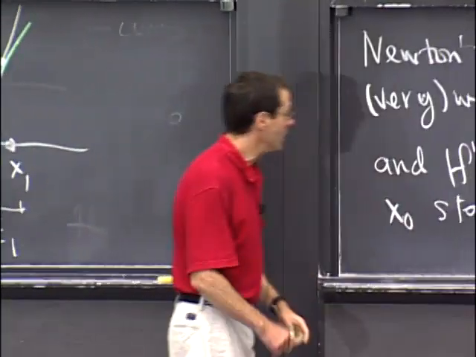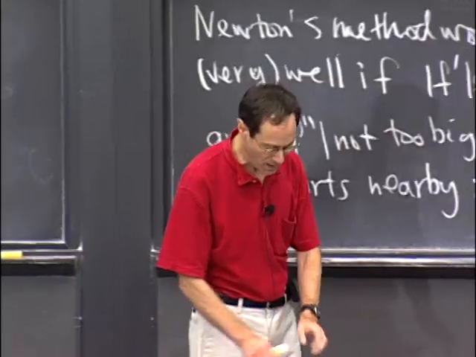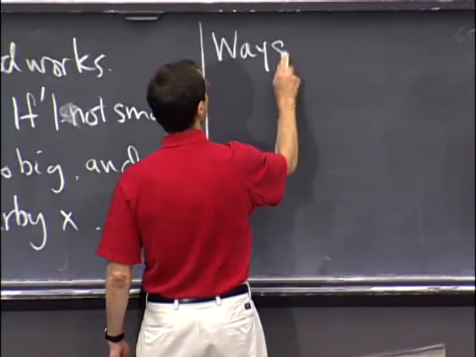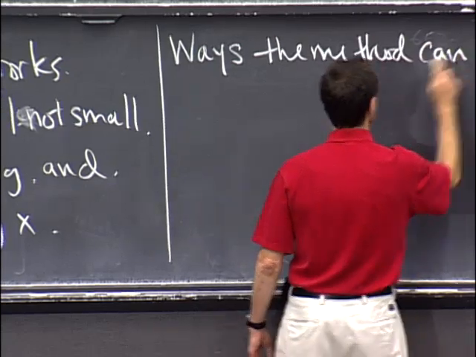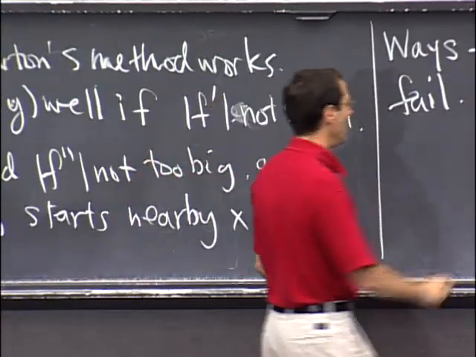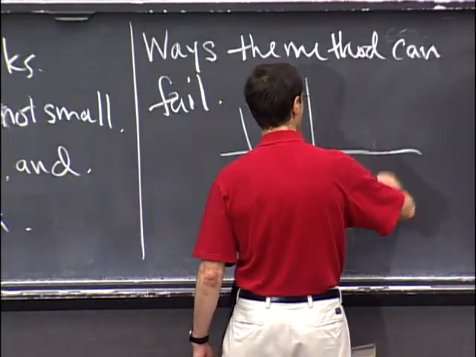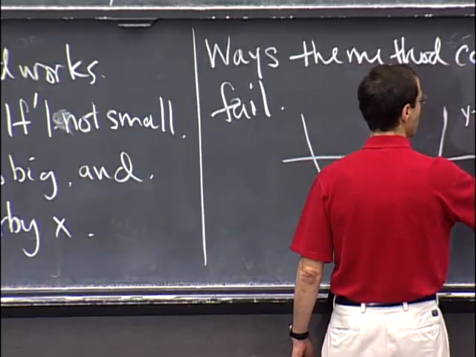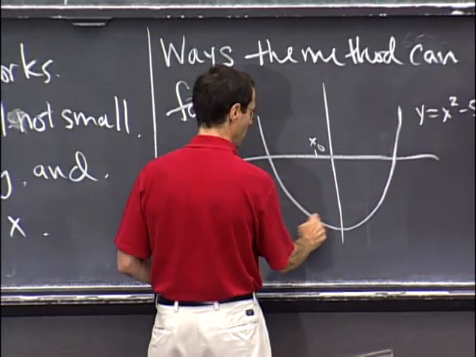The other thing to say is, as I said, that x0 needs to start nearby. I'll explain that by explaining what could go wrong. So there are ways the method can fail. One example, which actually would have happened in our example from last time, y equals x squared minus 5, is suppose we'd started x0 over here.